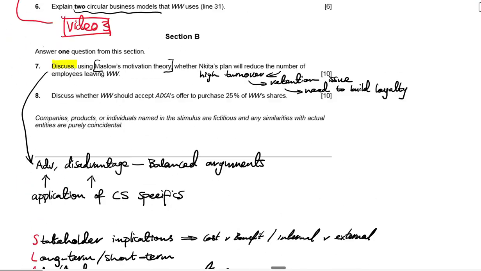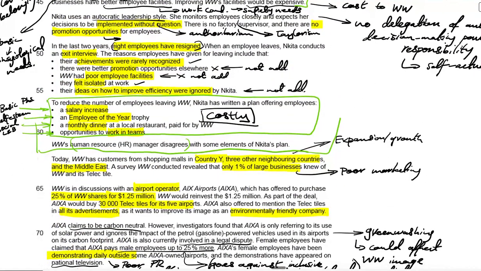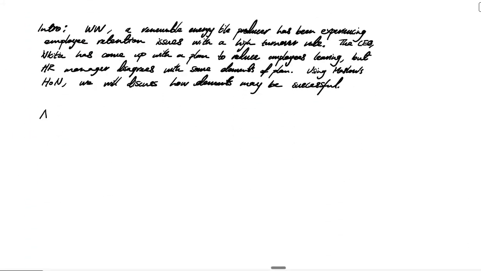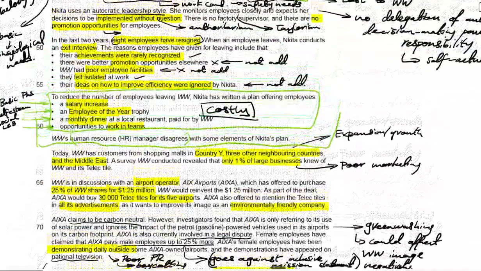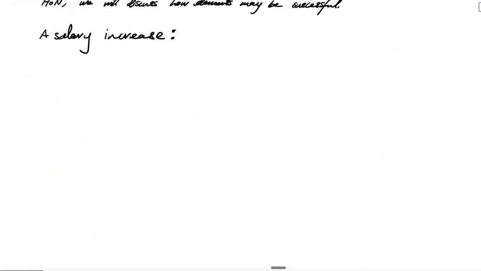Okay, then you're going to have body one, maybe answering the first one, a salary increase. And now I'm just going to talk in bullet points. I won't do full sentences. And we have employee of the year, trophy, monthly dinner.